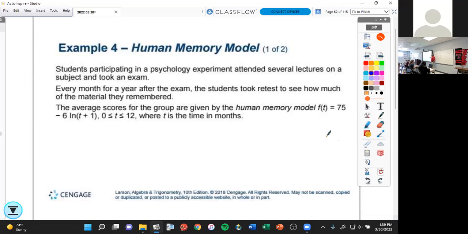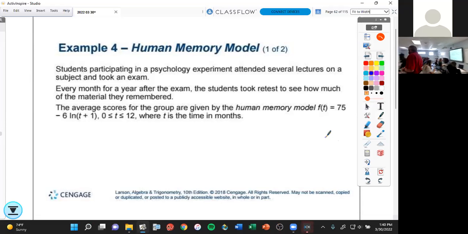Okay, so here is the equation that they came up with to model this. They found the model to be 75 minus 6 natural log of t plus 1. So what does t equals 0 represent?